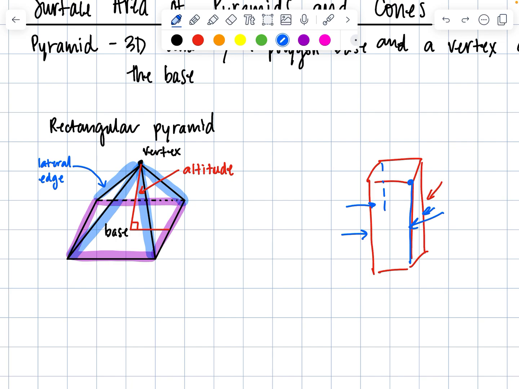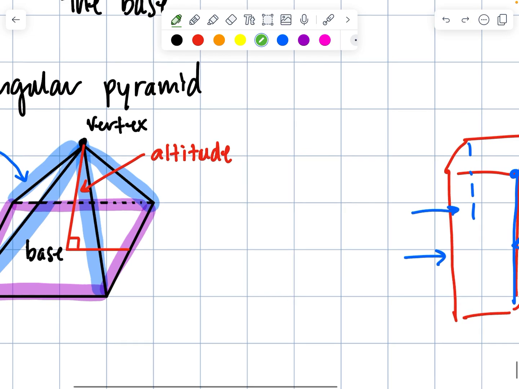We also have a new thing called a slant height. So if you have a lateral edge, that's all highlighted in blue. And then in green, I'm going to go from the vertex down to this edge right here. And this is also going to be a right angle.